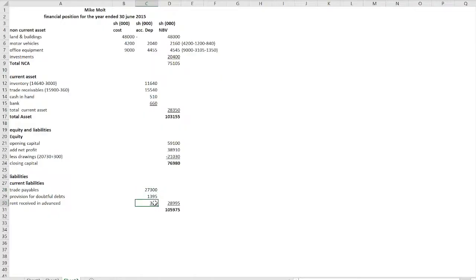So for the 300, so we add the total, we get 28,995. So this is the total current liabilities. So when we add capital and liabilities, we get 105,975. As you can see, the asset should be equal to equity plus liability, but here there is a variance.